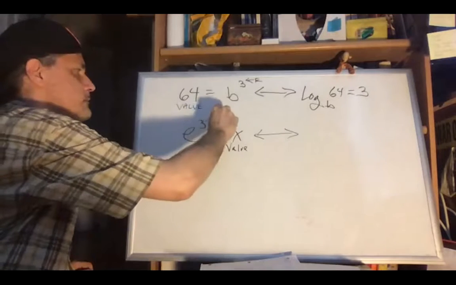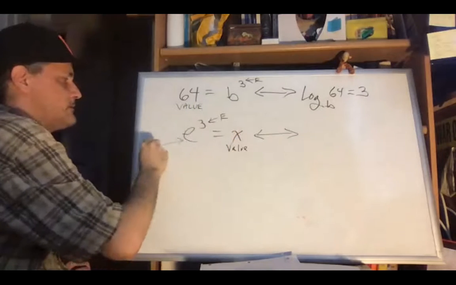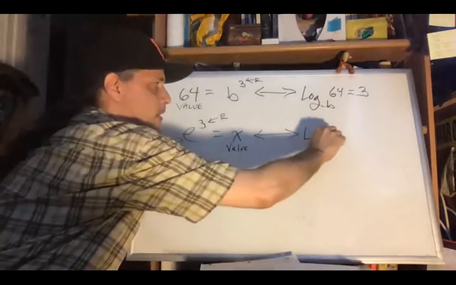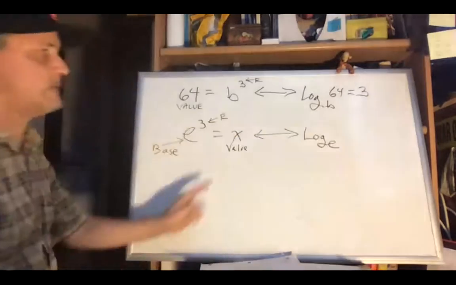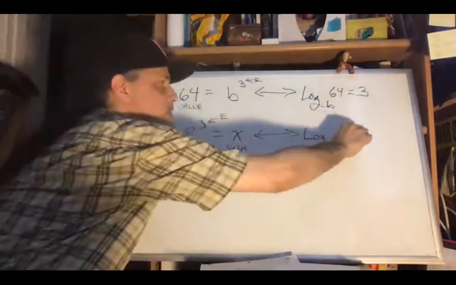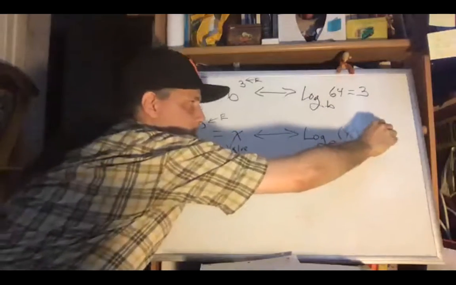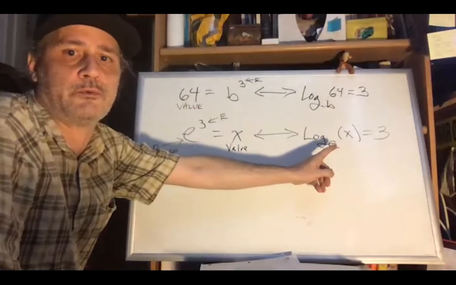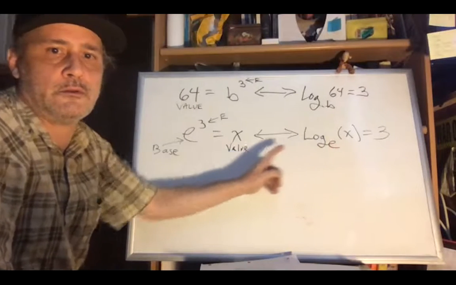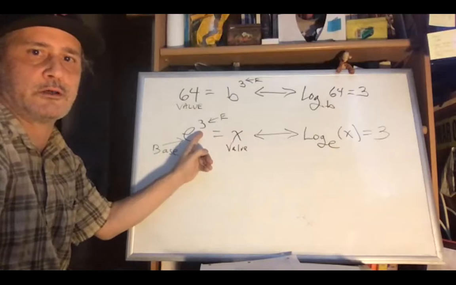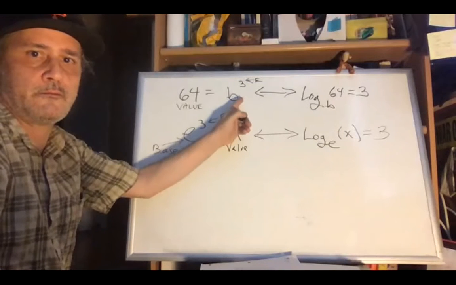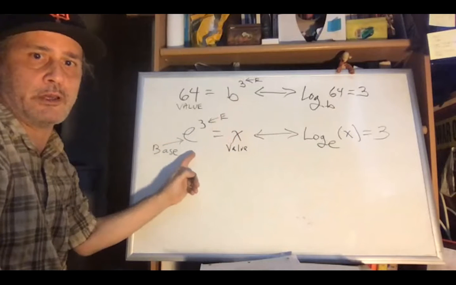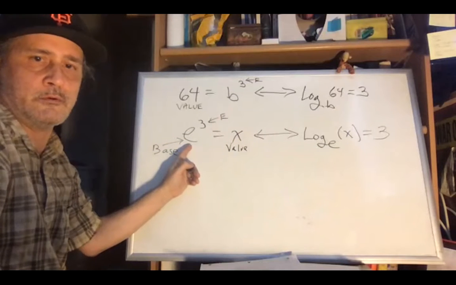That's the exponent, and that's our base. So the log using base e of this value required an exponent of 3. The log expression always equals the exponent. As soon as you see the exponent, that's what the log expression is going to equal, and whatever the base is, it's whatever you're applying the exponent to.